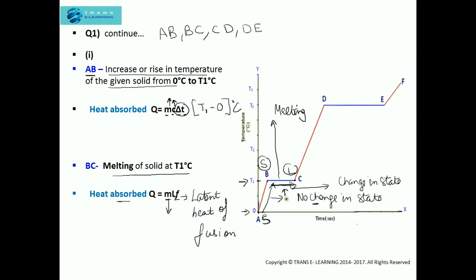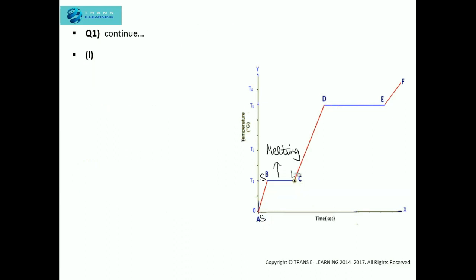So now let's see what CD and DE represent. We are here at this point. The C point represents the liquid phase of the substance. As you can see here, in the CD part there is an increase in temperature. We know that whenever there is a change in temperature, in this case a rise in temperature, there is no change in state.